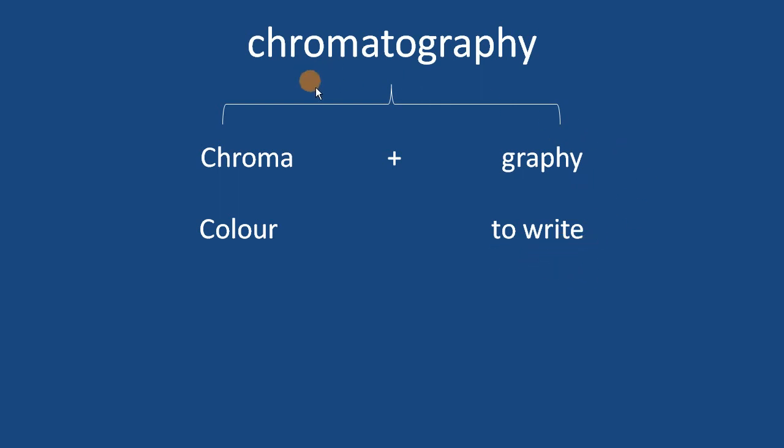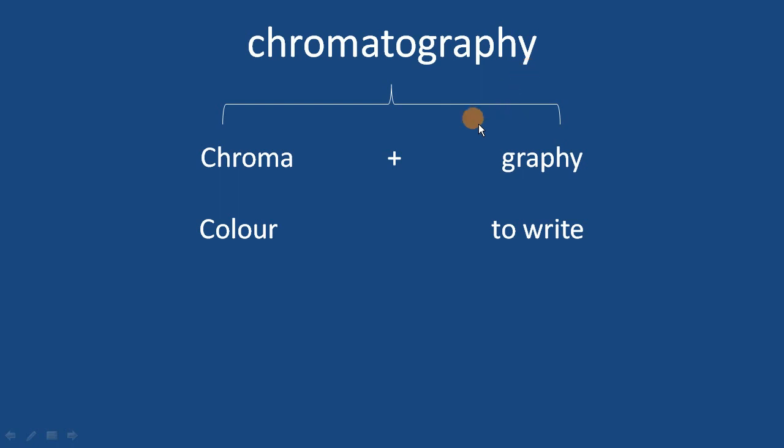Because when chromatography was first used, it was used to separate various color pigments that were present in the leaves. That is why this name got stuck with this technique. Nowadays, chromatography does not have much relation with color, but the term is still chromatography.